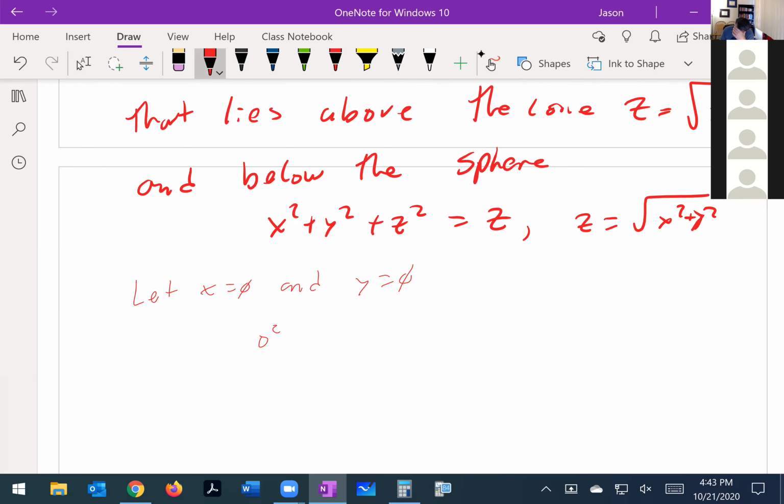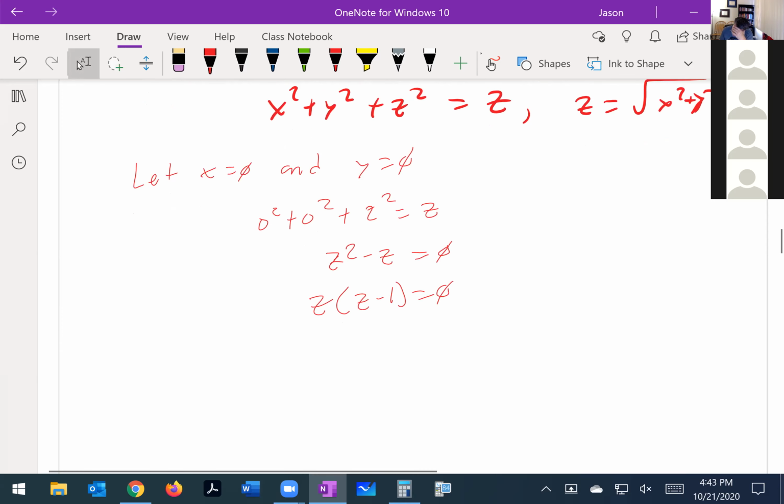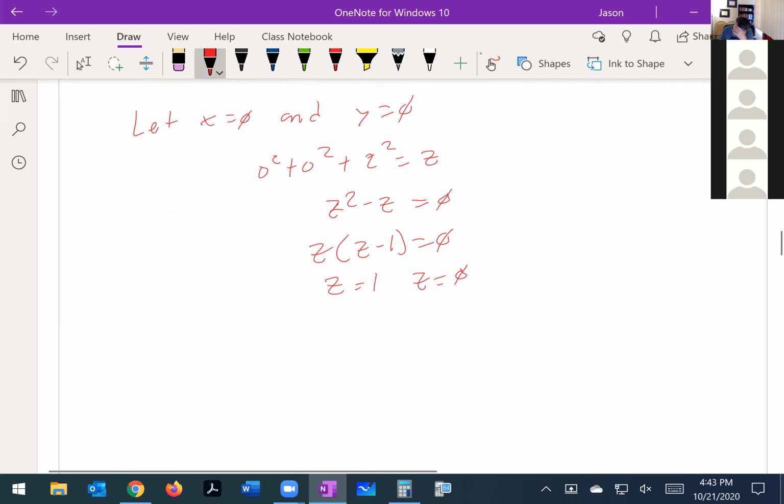Then we get 0 squared plus 0 squared plus z squared equals z. So when is z squared equal to z? z squared minus z is equal to 0. I could factor out a z. I get z times z minus 1 equals 0. And so I know that z equals 1 or z equals 0. So I have the point 0, 0, 0 or 0, 0, 1.